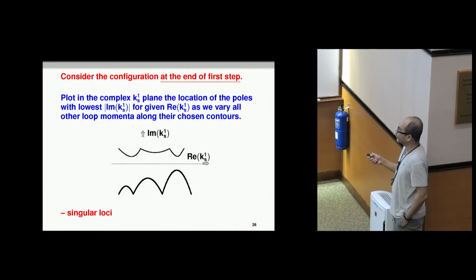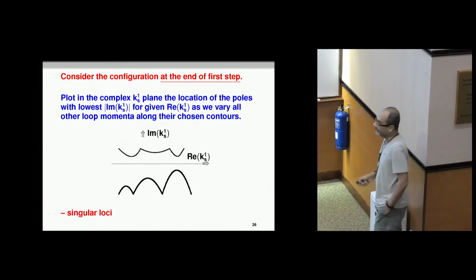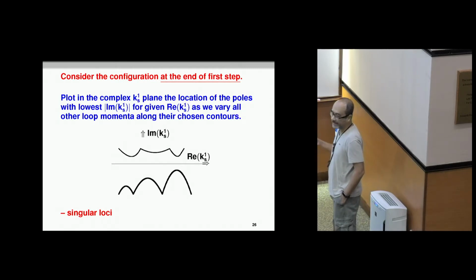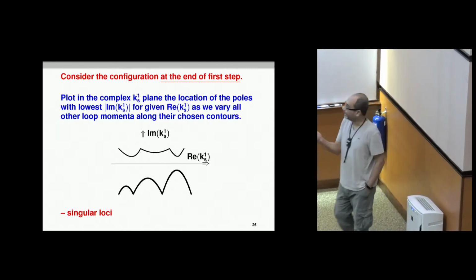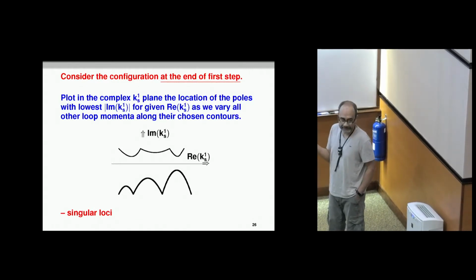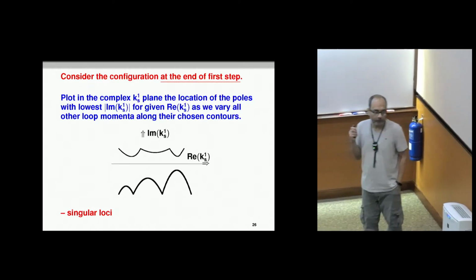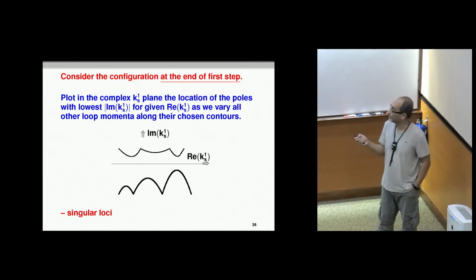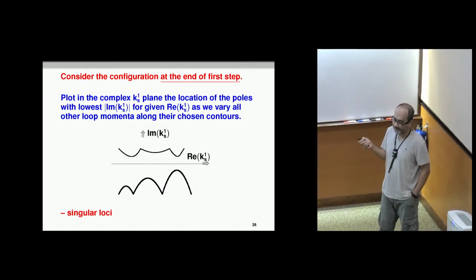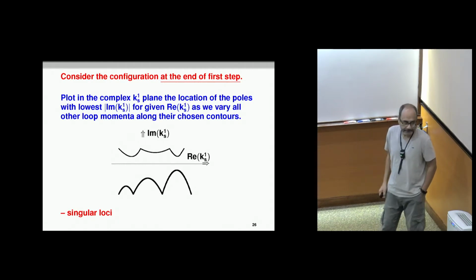These contours I'll call the singular loci. Now we know that these contours cannot reach the real axis, because we have already proven that by taking K1 along the real axis and by deforming the K0 contours appropriately, we avoid poles. So in the K1 integration contour, we know that there is no pole along the real axis, so the poles are away from the real axis.